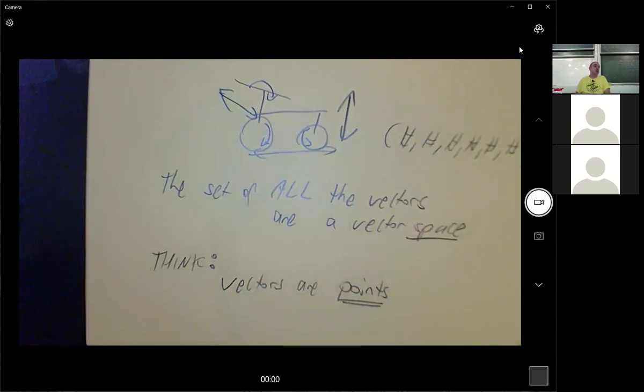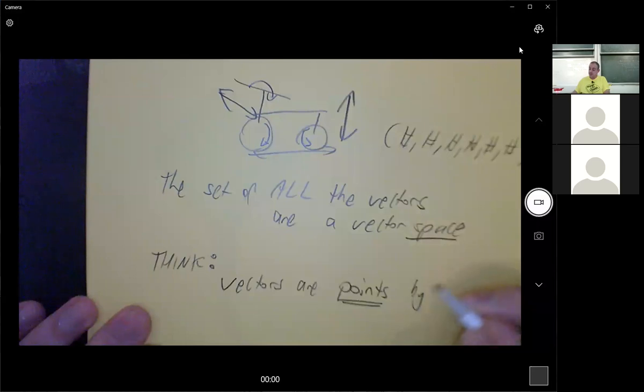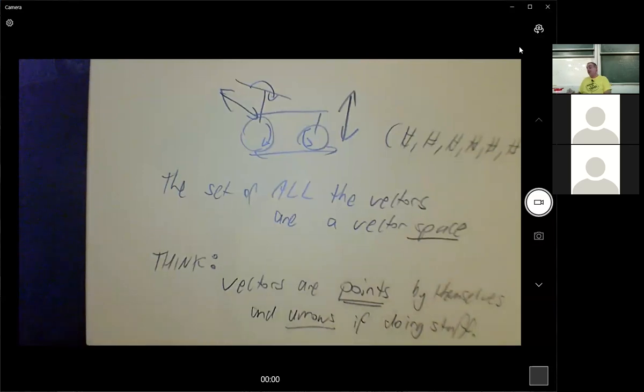They're points if they're just there, and arrows if we're adding them, or scalar multiplying, so doing things. This is the technical terminology stuff. It's not really, I'm just making crap up.